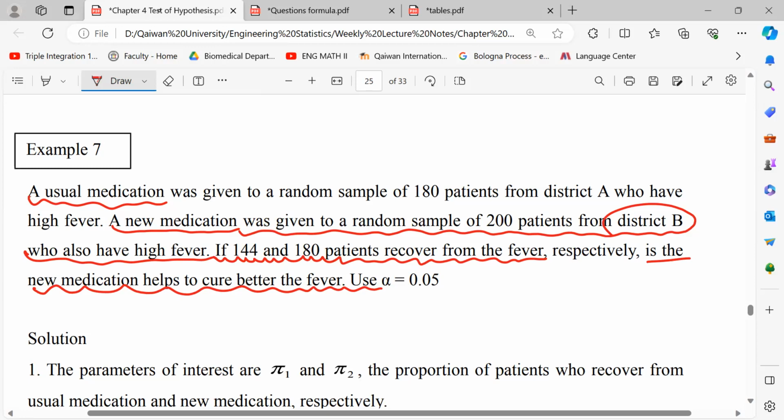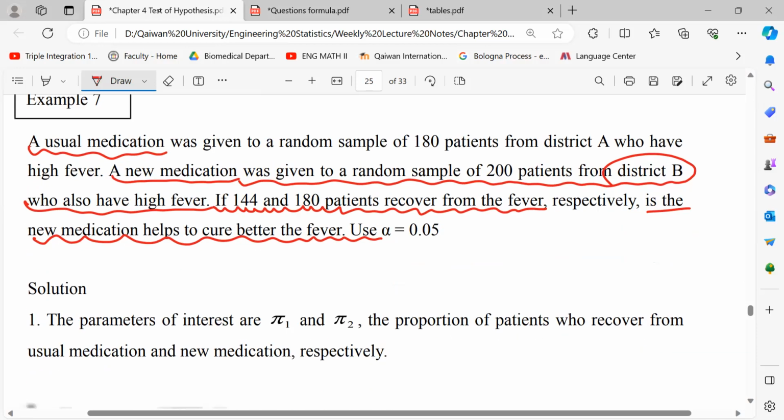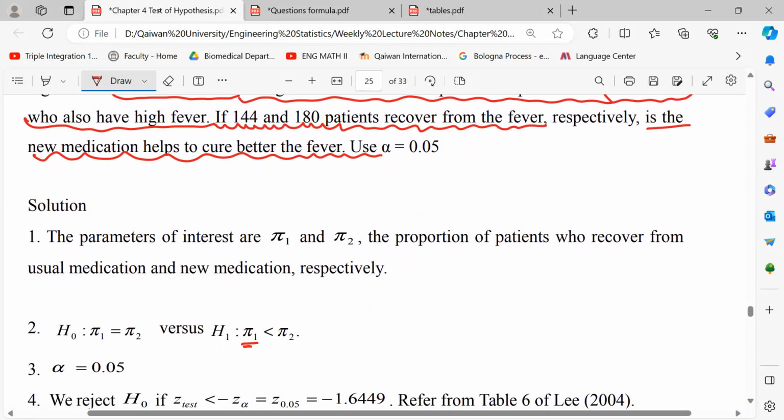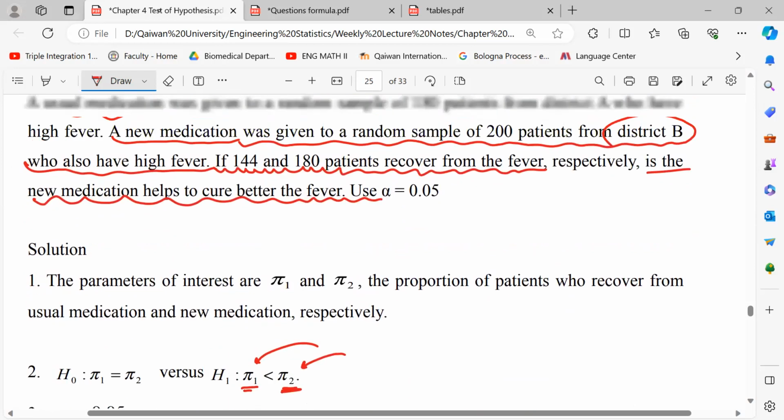We say if they are equal, it's the null hypothesis. If they both have the same, it's the null hypothesis. If the new medication is better than the usual medication, it's the alternative hypothesis.